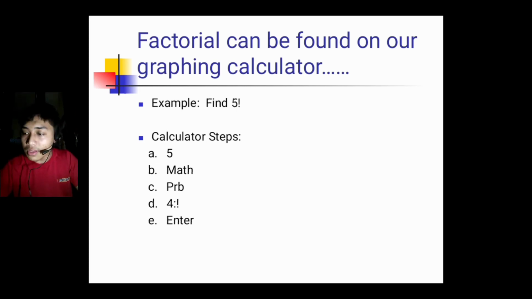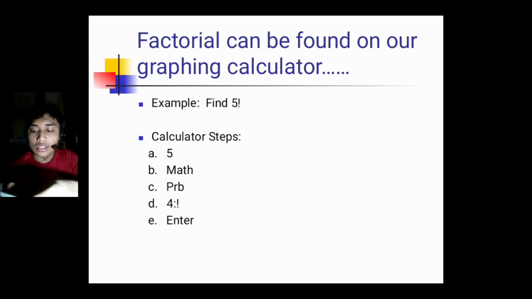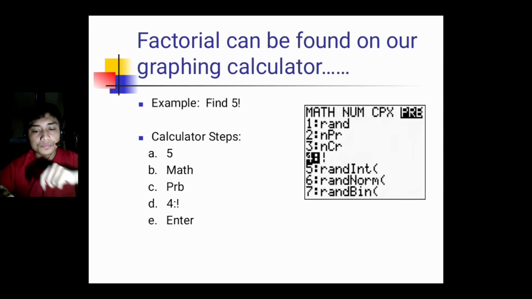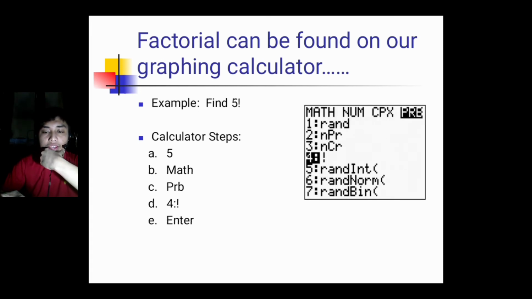Sa scientific calculator, merong iba na talagang may factorial key. For example, we have 8 factorial. Try nyo sa calculator, maybe sa calculator apps like Photomath. This is the example.